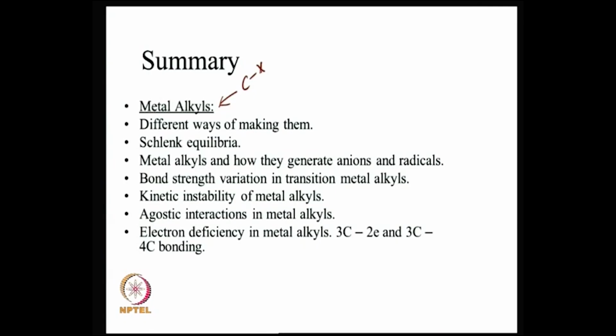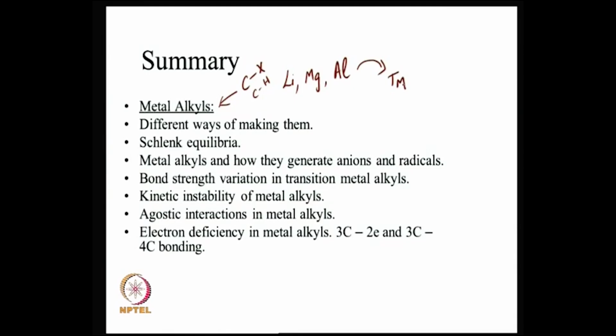You make the metal alkyl species using a very electropositive metal, and this turns out to be, in this case, lithium, magnesium or aluminum. So, from these electropositive elements, you can transfer the alkyl groups to the transition metal.